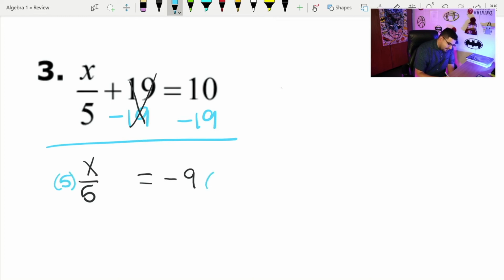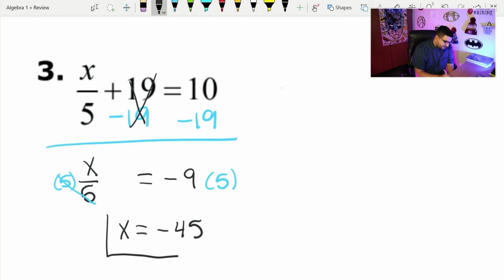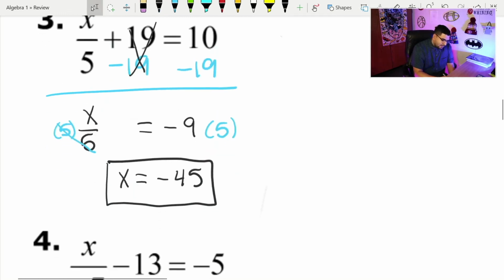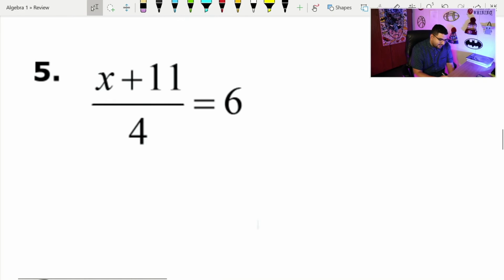Multiply by 5 here, multiply by 5 there. These 5s cancel out, leaving me with x equal to negative 9 times 5. That'll get me negative 45. And there we have it. That's the final answer. Let's do one that's a little different.